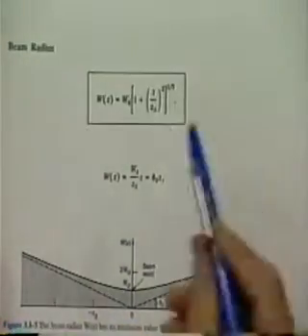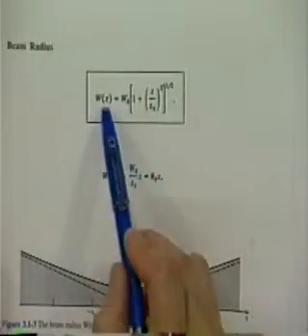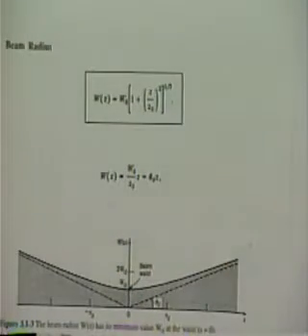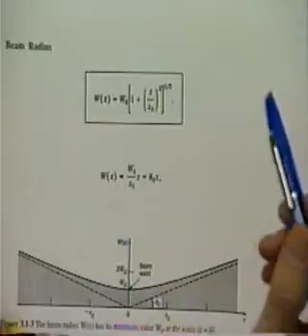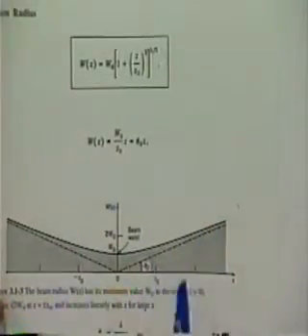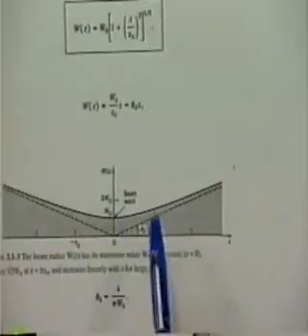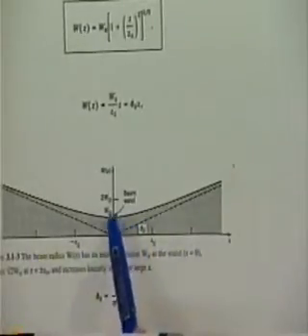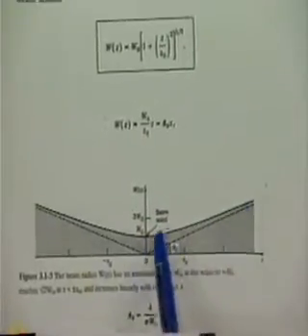So anyway, we just rewrote here from the first page that w of z is w naught times the square root of 1 plus z over z naught squared. We're making a plot of w of z as a function of z, and we get something that goes like this.